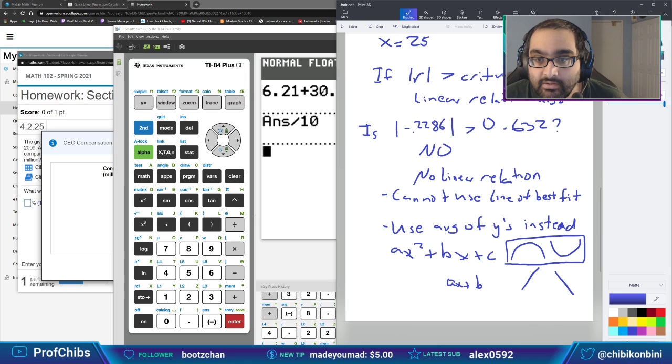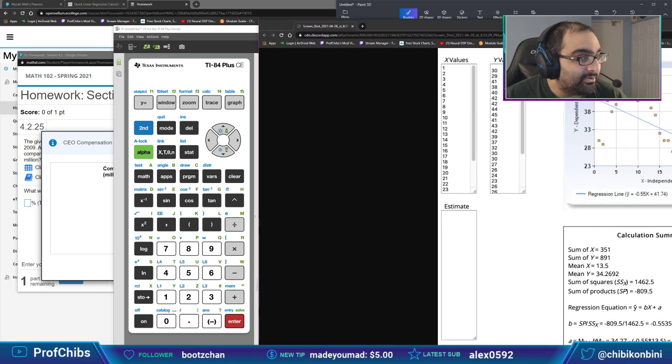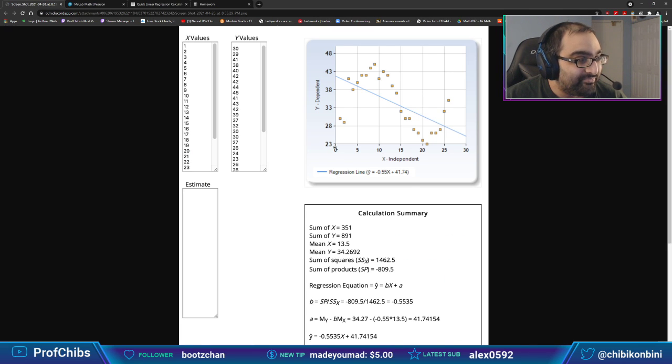Oh wow, that line of best fit is so bad. How could this function be used? Oof. Let me show you what I have on my screen here. A line model is terrible for that scatter plot.